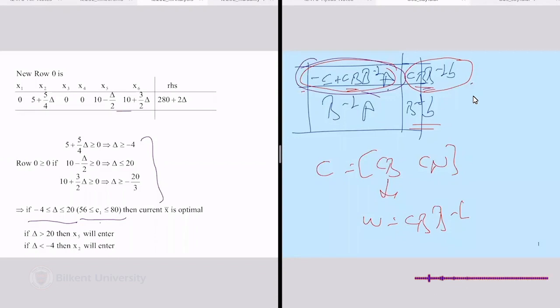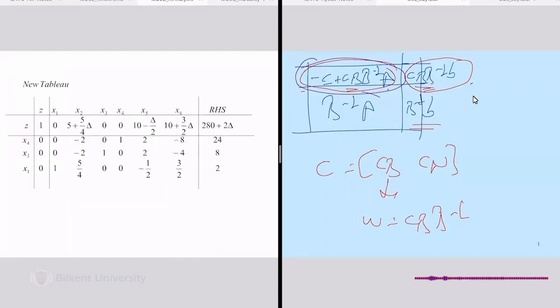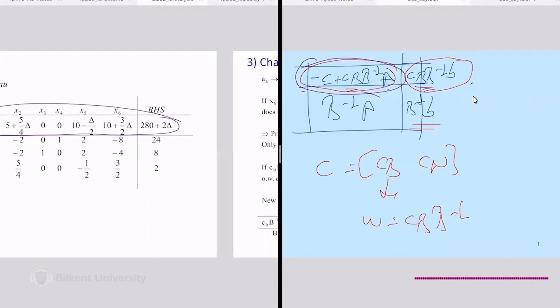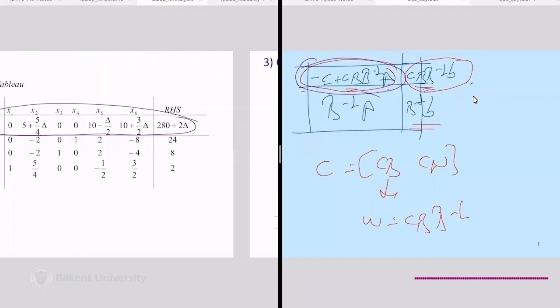Based on the value of C1, you will determine which variable is entering and you will apply simplex. That's how the simplex table looks with the change of delta in C1. As you see, nothing changes underneath, only row 0, but the whole row 0 is changed based on the change in C1. Any questions?